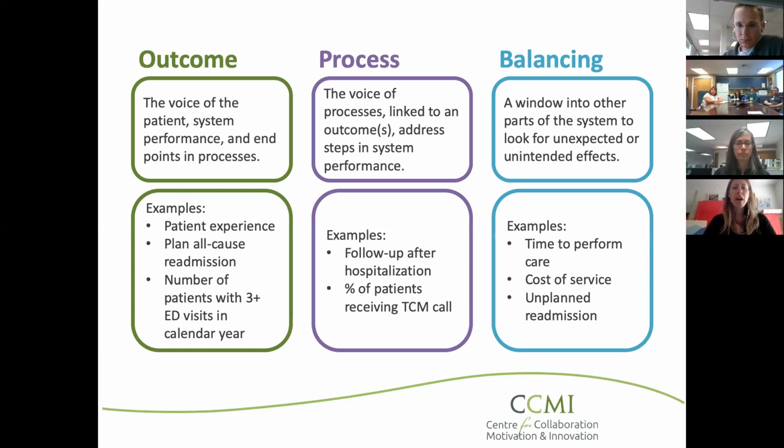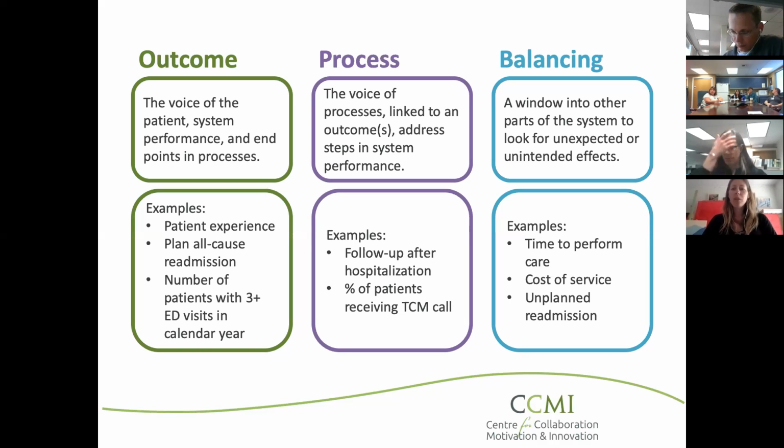And then finally, balancing measures is one that sometimes is a little less known. And essentially what it is, if you're changing parts of the system, you want to have some sort of mechanism to be able to understand if it's having any unintended consequences to other parts of the system.